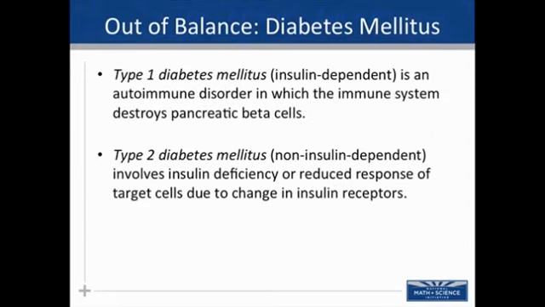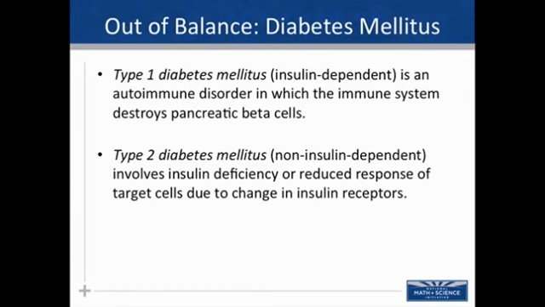Type 1 diabetes is also known as insulin-dependent diabetes. It is the result of an autoimmune disorder, and that disorder destroys pancreatic beta cells. And remember, those are the cells that go through the protein synthesis and produce insulin, the hormone.